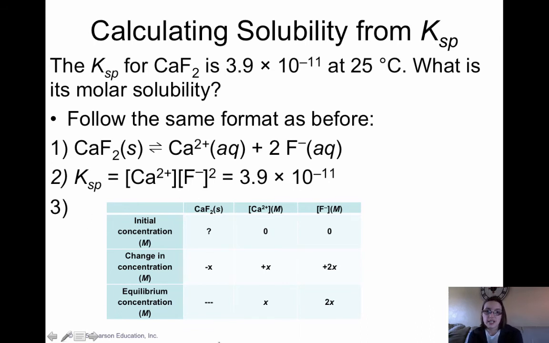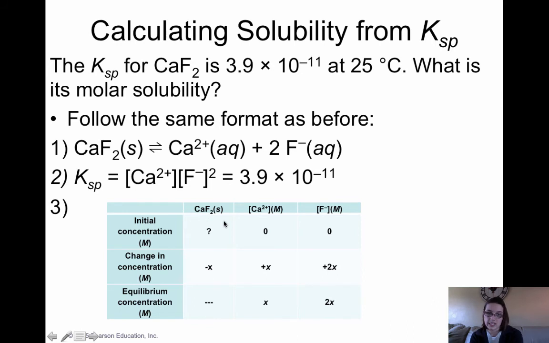Now we can create a nice table: initial, change, equilibrium. We are really solving for the initial concentration, or the initial molar solubility, of calcium fluoride. That's what we're trying to find. Before you put that calcium fluoride into water, you don't have any of the ions. You have 0 molar of both of the ions. Then for the change in concentration, we're just going to use X's again.